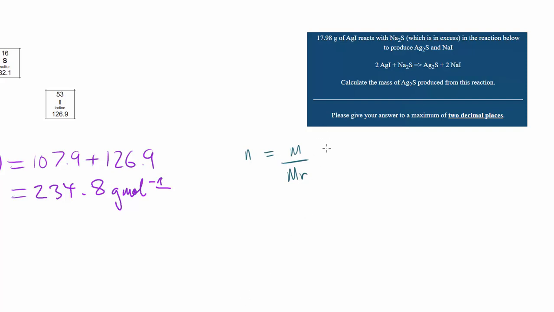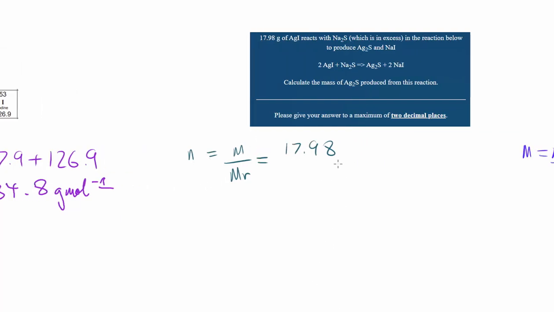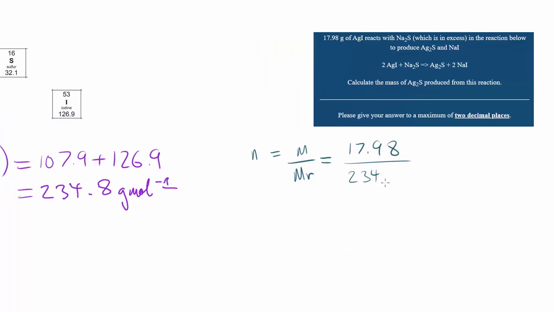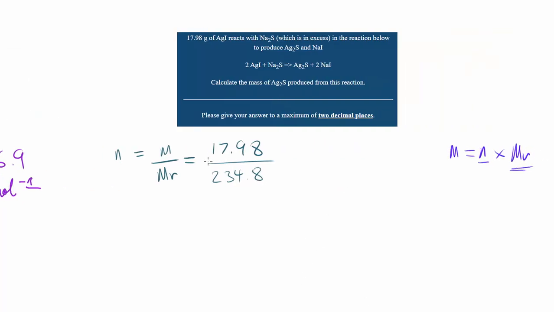Which in this case is going to be 17.98. And to be clear, this is the mass of AgI, right? So divided by 234.8, okay? So if you work that out, this will give you the number of moles that we will be working with.